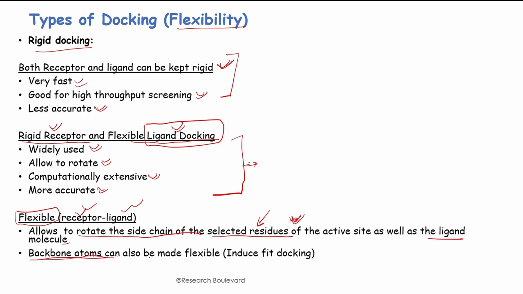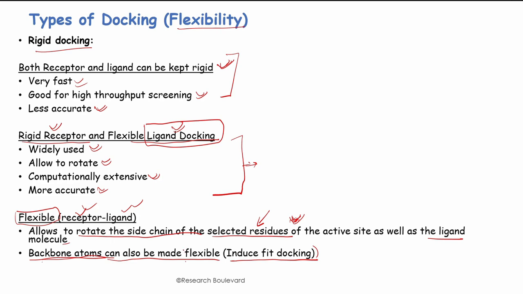When you are sure that some of the molecules can be particularly active against the target, then you can use induced fit docking, or if you want to see the changes in the active site pocket.